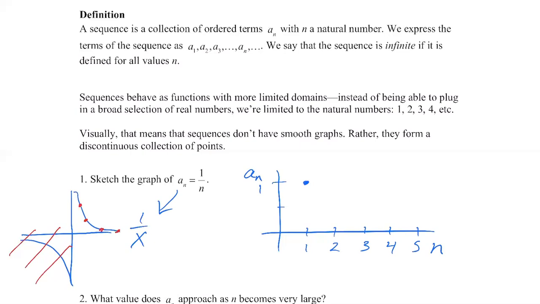When n is 2, 1 over n gives us 1/2. When n is 3, we get a third. When n is 4, we get a fourth, and so on. Now, it is terribly tempting to connect these points, but we can't. There are no other values in between them, so this is the graph of a sub n equals 1 over n.